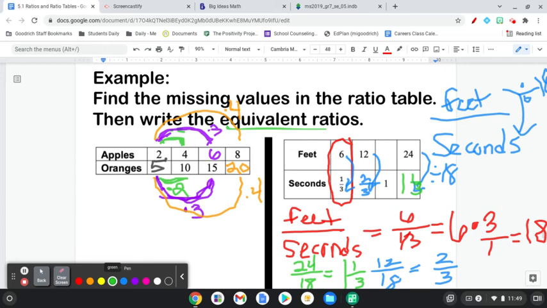Now, I still have an empty space on the top row. If I divided by 18 to get to the bottom row, I'm going to do the opposite to get to the top row. So now, going the other way, I'm going to times by 18. 1 times 18 gives me a value of 18. So again, by finding that value of the ratios, I can figure out how do I get from the top row to the bottom row every single time.